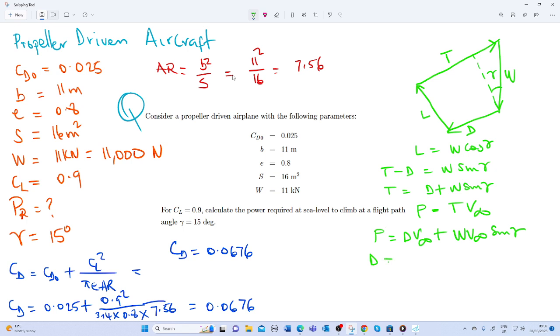Then we know that drag equals half rho S V squared CD. So from here we can deduce that P becomes half rho S V cubed CD plus W V sine gamma.